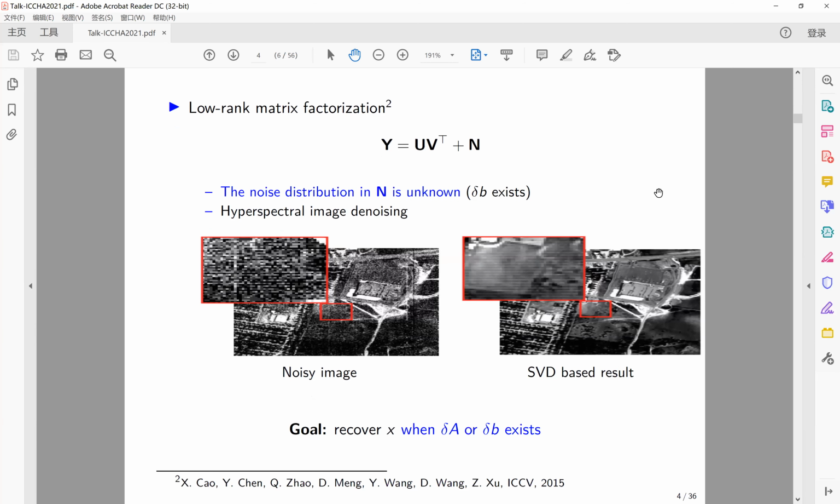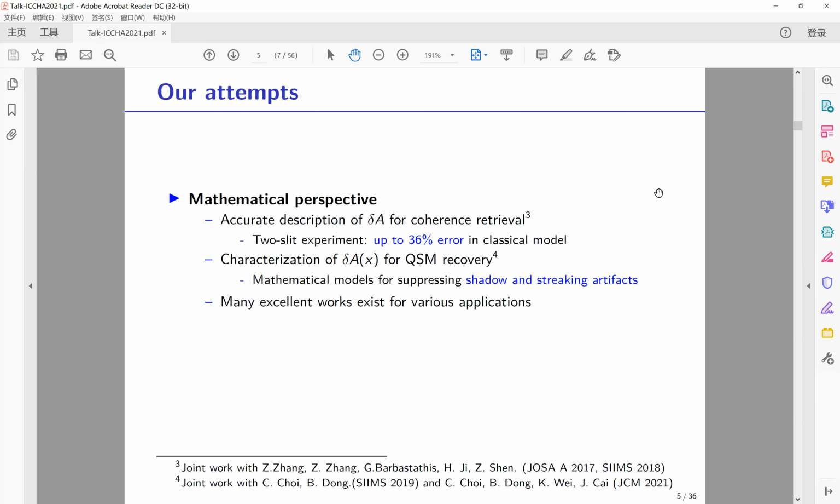So this is the goal of our talk. Actually, we have considered this for some years since my PhD. First of all, we treat this problem as a mathematical problem, which means that I want to add some analysis for these linear operators. The first thing I can do is a forward analysis, trying to get an accurate description of this error propagation.